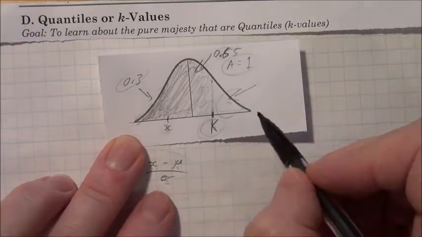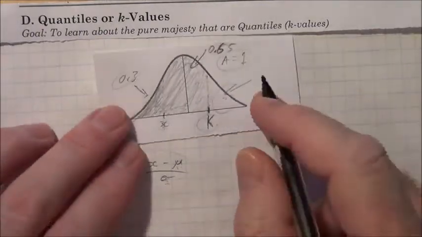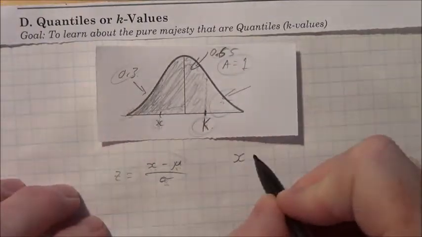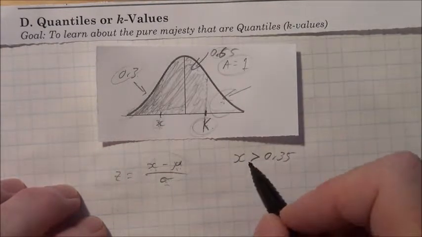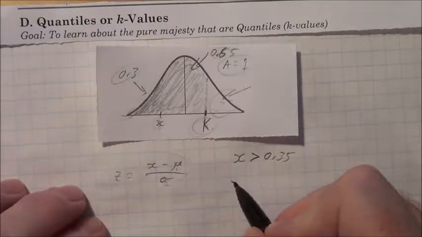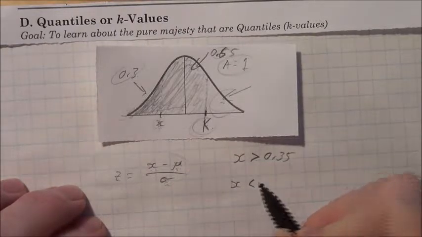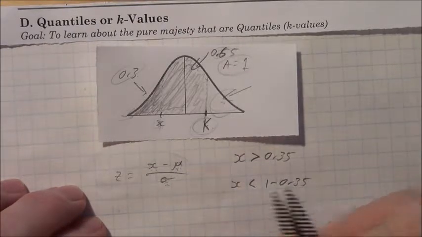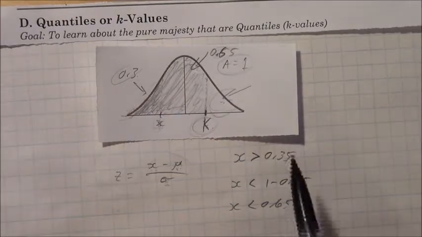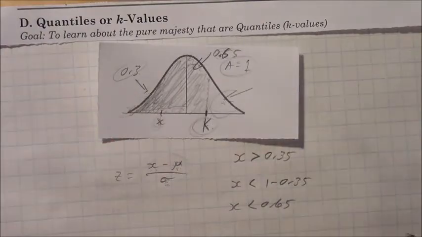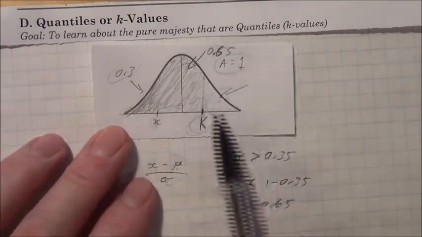So instead of asking what's greater than 0.35, we turn that around and ask what's less than 1 minus 0.35, or 0.65, and once we get that value, that gives us the value that's here.